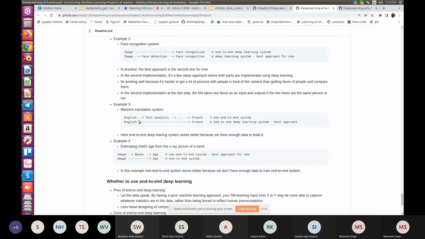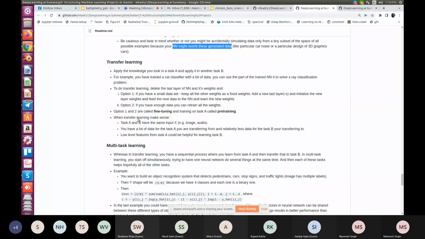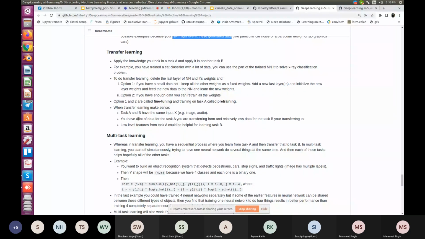Then comes the concept of transfer learning. Transfer learning is, if we train a model for a particular application, we can reuse the weights of that model for another application. People typically cut out the last layer of the deep neural network and just tune that last layer.